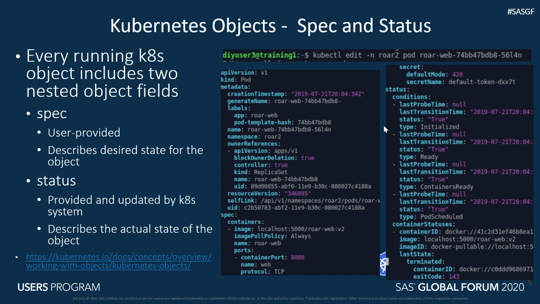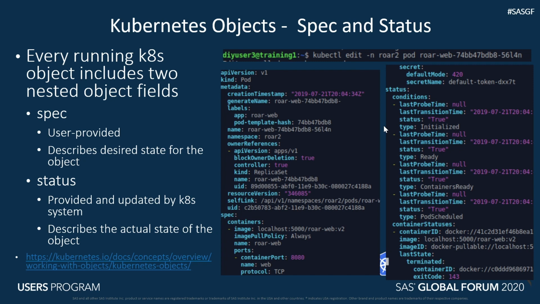You can see on the right-hand side under the status all this information about the last time it did this, the last transition time, the last probe time, those kinds of things. Information about the object, information about the most recent things it's been doing or that have been done to it, providing the actual state. If you're wondering how I got this, this is from a kubectl edit. In other words, a Kubernetes command line being able to edit the object in place.